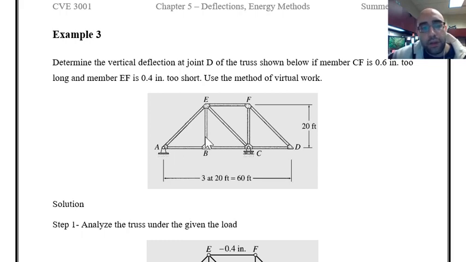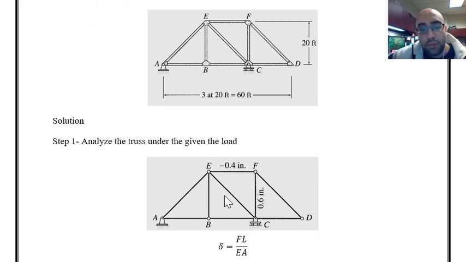As you can see, the forces that are created in the members are because of the initial length error. As I said earlier, this member over here is 0.4 inches too short, and this member CF over here is 0.6 inches too long. Over here you can see the location of these members and the initial length error.